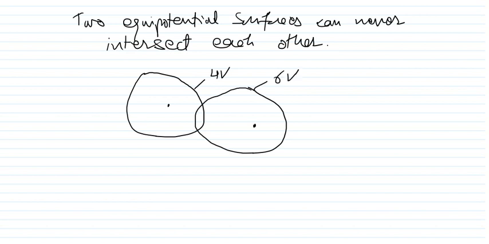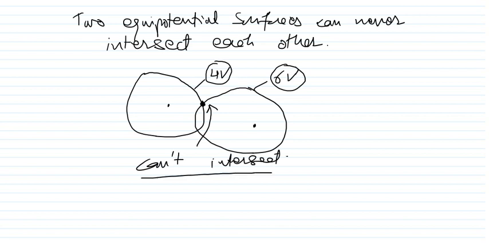Then at the point of intersection we have two values of potential, 4 volt as well as 6 volt. As two values of potential at a point are not possible, these can't intersect. That is why two equipotential surfaces can never intersect each other.